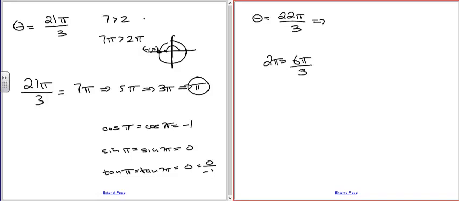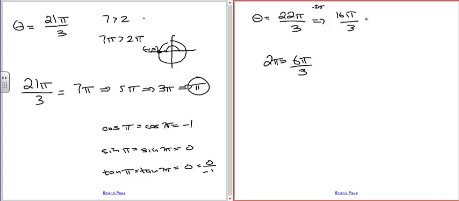You multiply both the numerator and the denominator by 3. So we're going to subtract 6 from the numerator and keep the denominator the same. If you subtract 6π/3, you'll end up with 22 minus 6 is 16. So you get 16π/3.